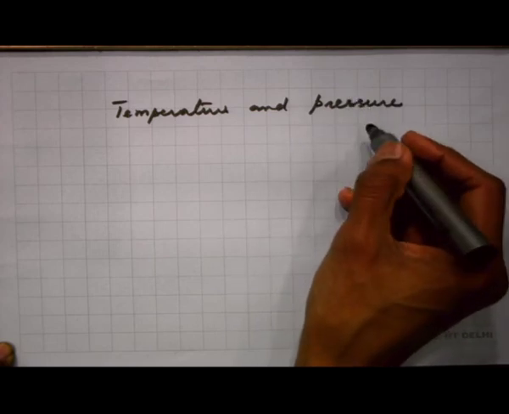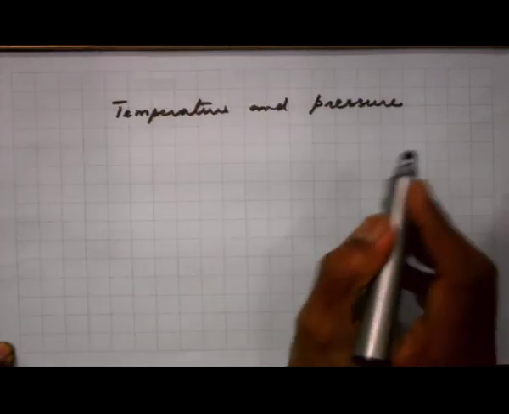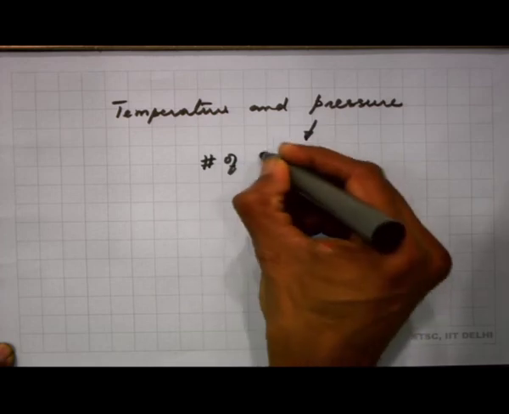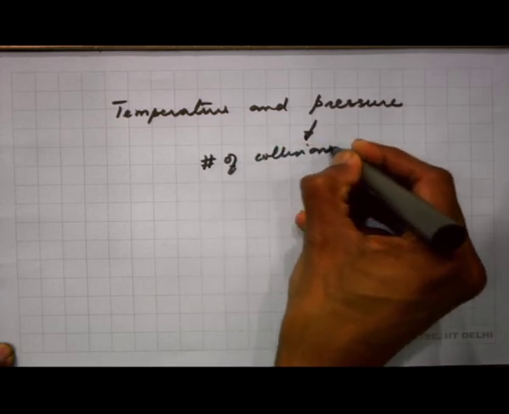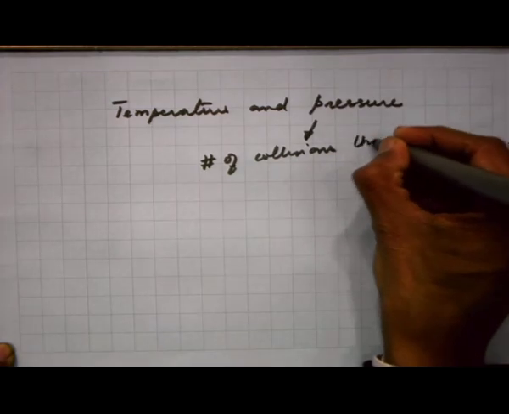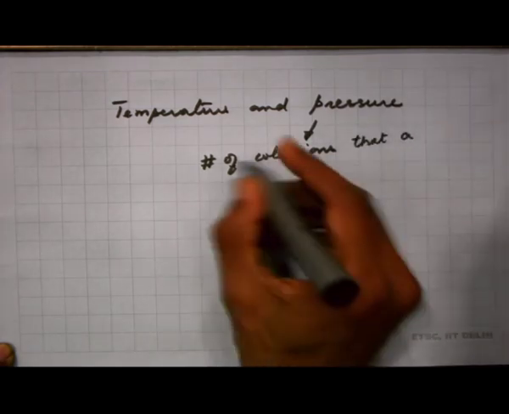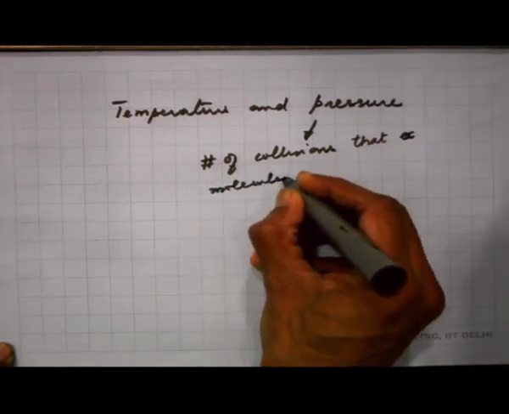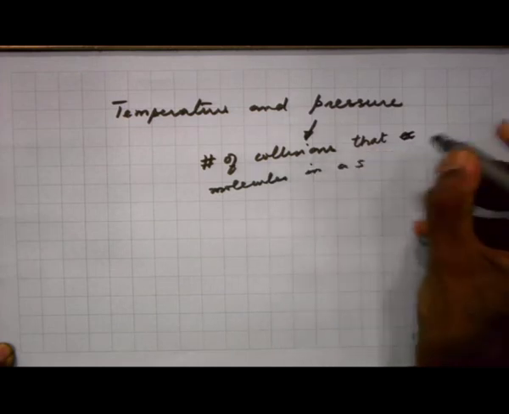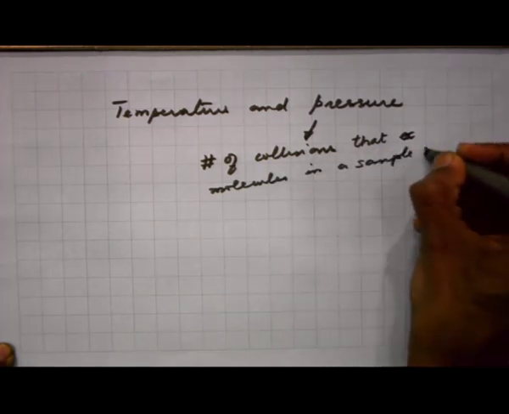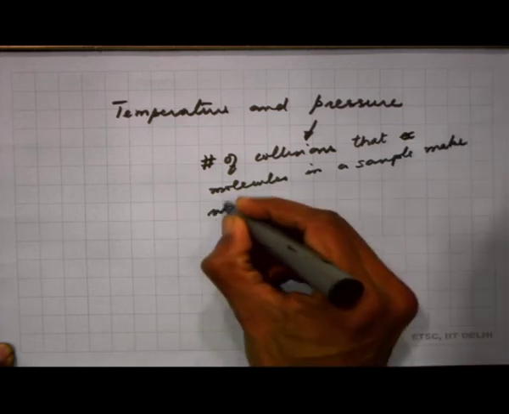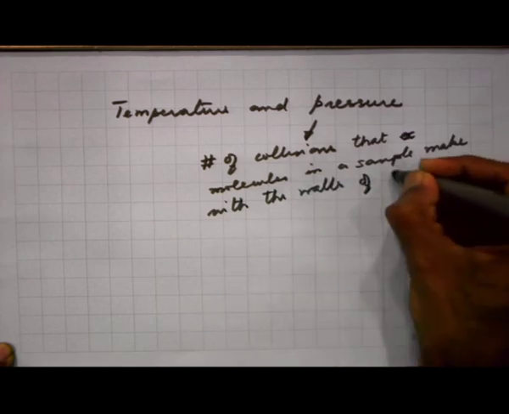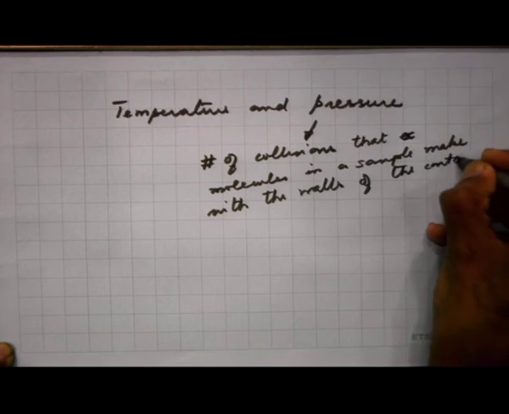So, the pressure that a sample exerts on the container is related to the number of collisions that the molecules in a sample make with the walls of the container, per unit area, per unit time.